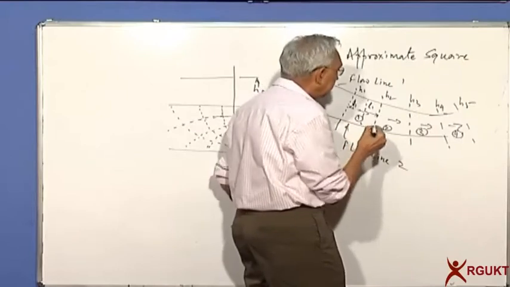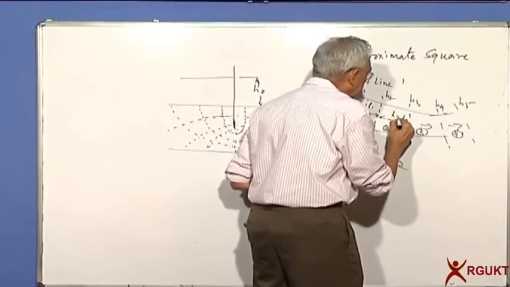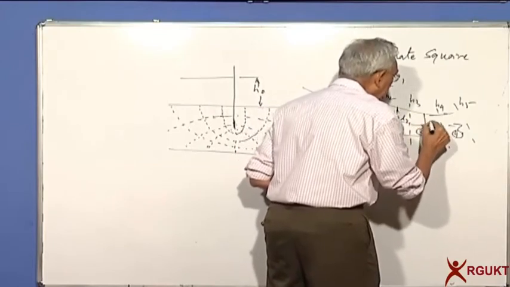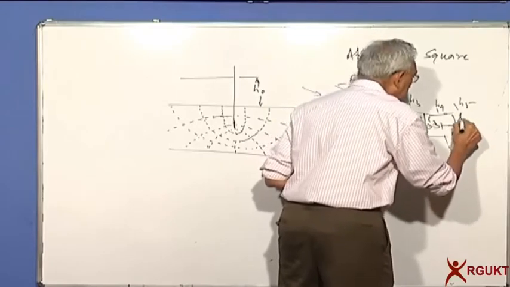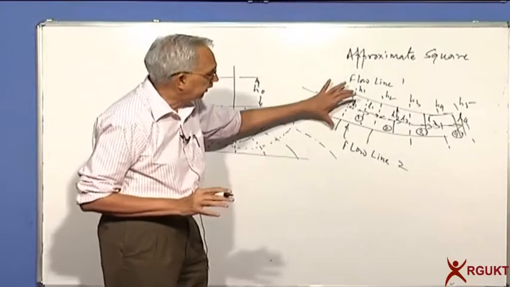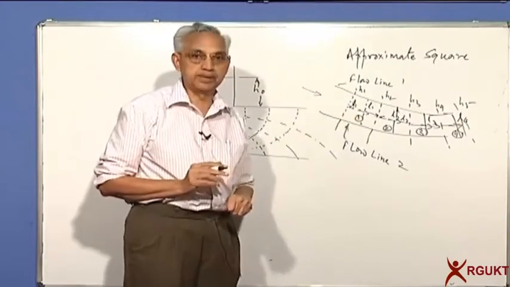If I take element 2, this is L2 and this is L2. L3, L4, etc. The distance between the flow lines is equal to the distance between the equipotential lines.